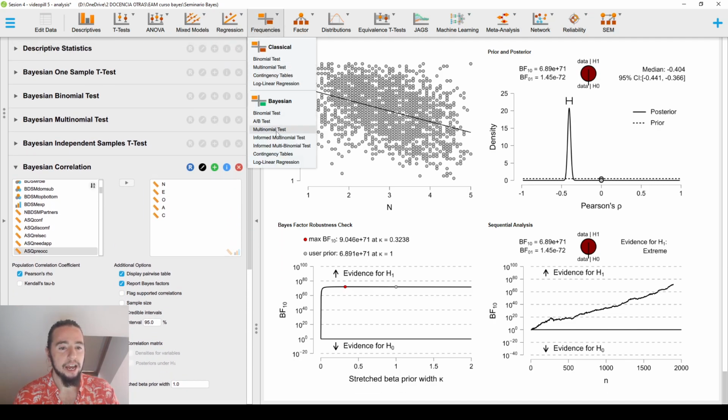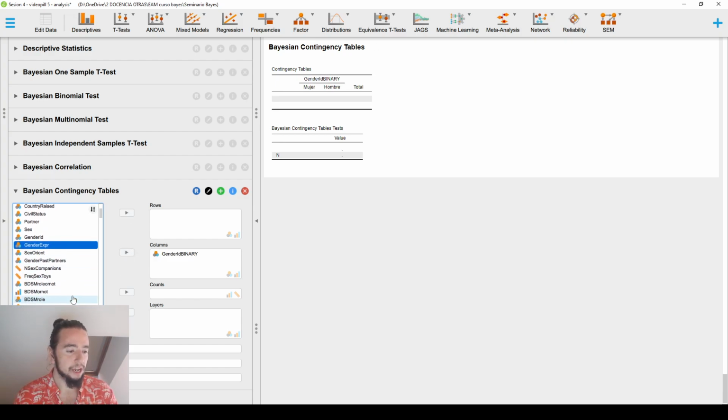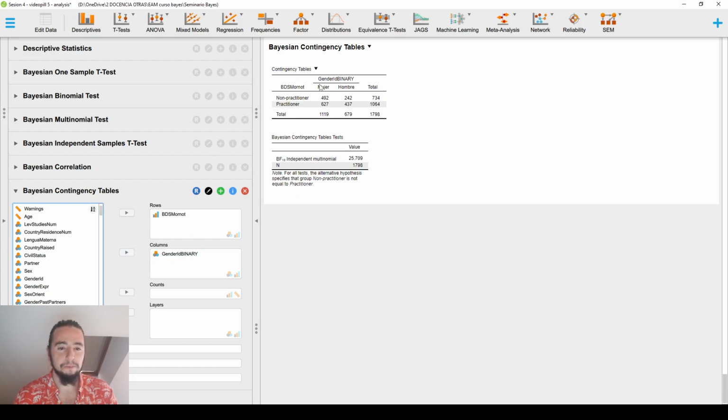Let's have a look at the contingency tables in a Bayesian way. For example, let's pick gender in columns and also being a practitioner of BDSM or not. For example, here we have a 2x2 table.